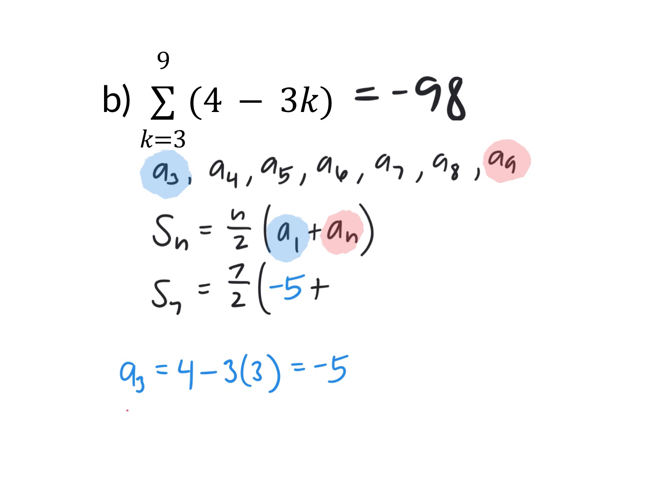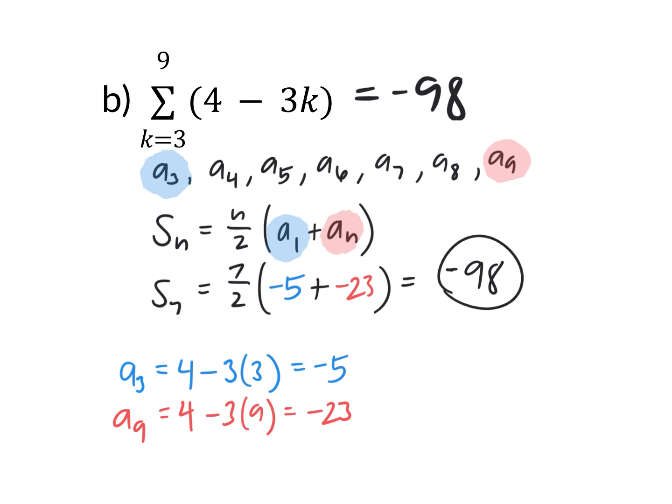And then a sub n, or a sub 9, would be 4 minus 3 times 9. And that would give me negative 23. So if we plug that into our calculator, we should end up getting negative 98 as well.